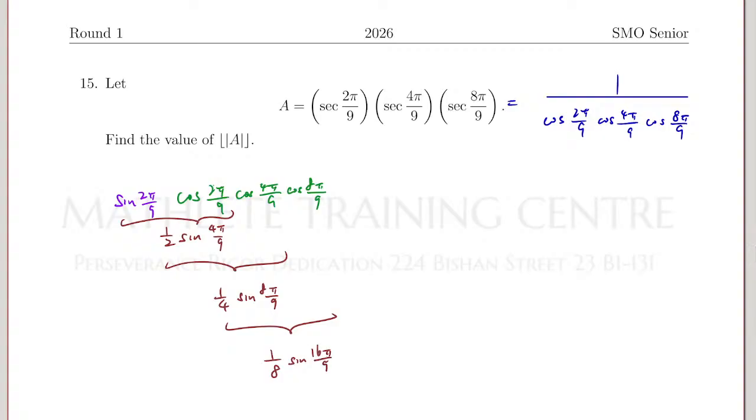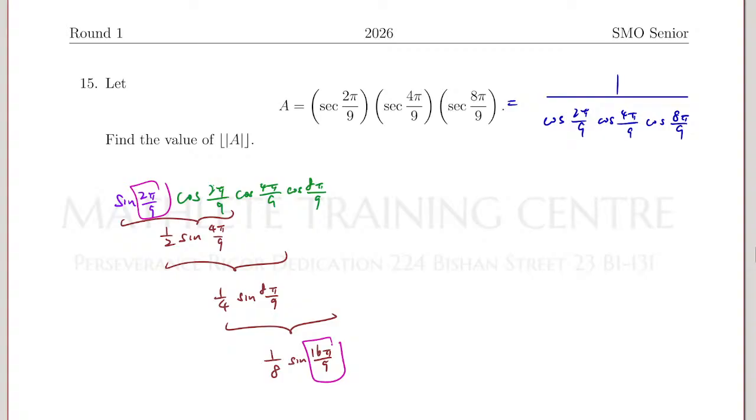But the magic thing is that these two guys are the same. These two guys are the same because of the fact that 2 pi over 9 and 16 pi over 9, they add up to a value of... wait a minute. Oh, it's slightly different than last time.